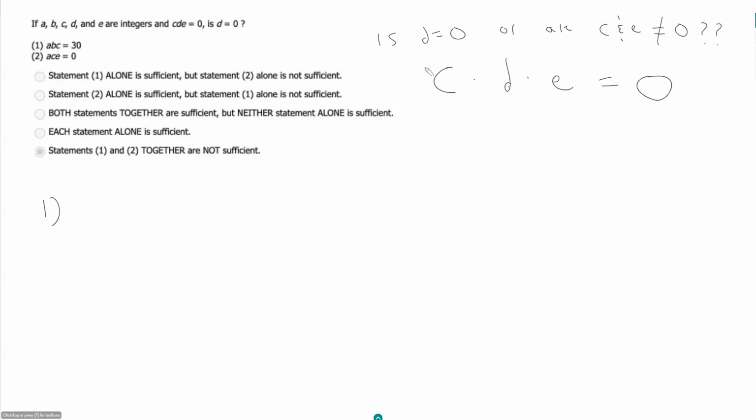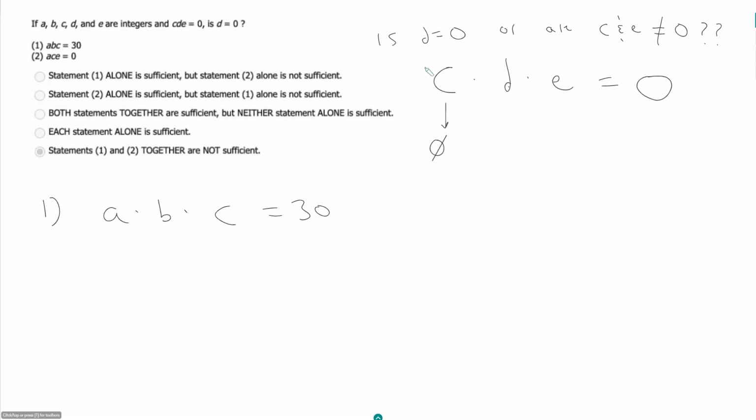Statement 1, A times B times C is equal to 30. So if A times B times C is equal to 30, then none of these guys can be equal to 0. So this means C cannot be equal to 0.